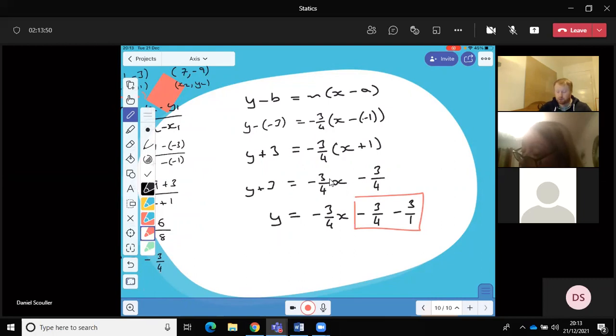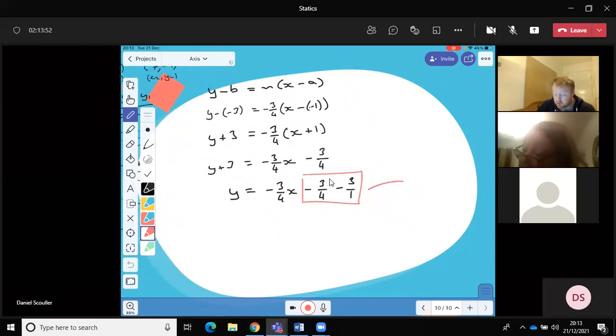Okay, again, go through the same process. So you can do that out to one side. You do your smile kiss. Okay, so your top line would be -3 minus 12. Your bottom line would be 4.